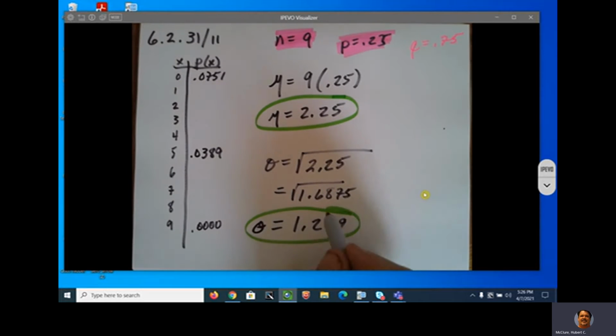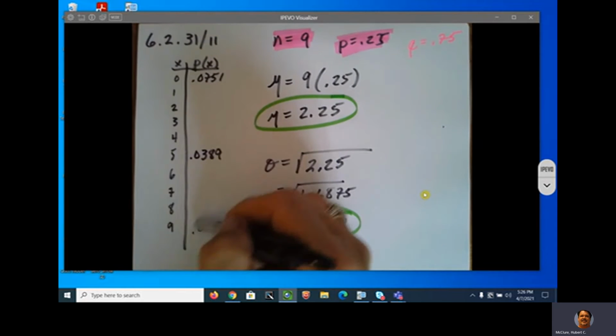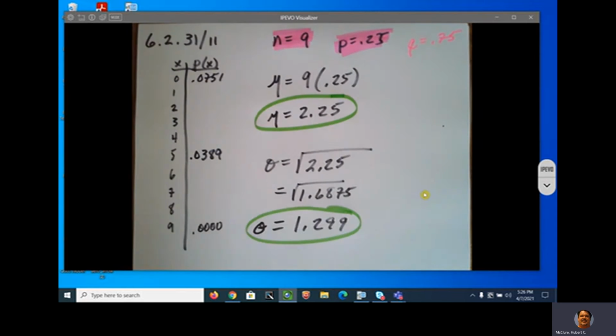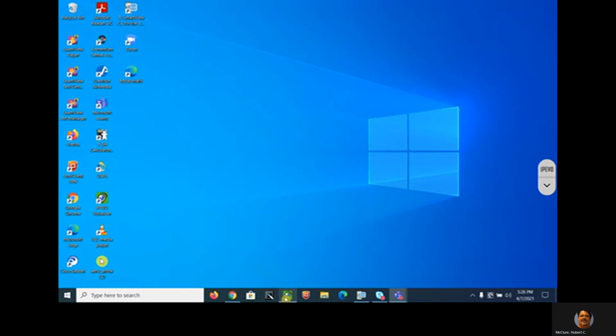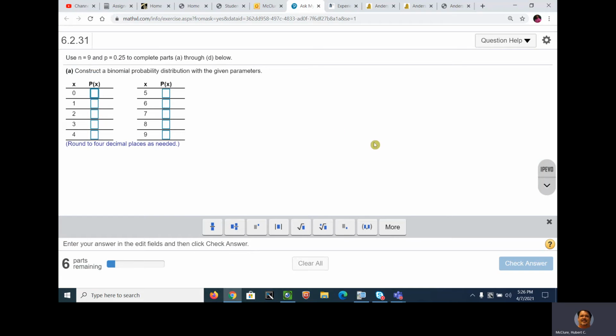They may ask you to do this in your calculator. Put all these numbers in your calculator and do it that way, but it's the same thing. I'm not typing all those in, but I will type in numbers and finish it out so you can see what the answer is.